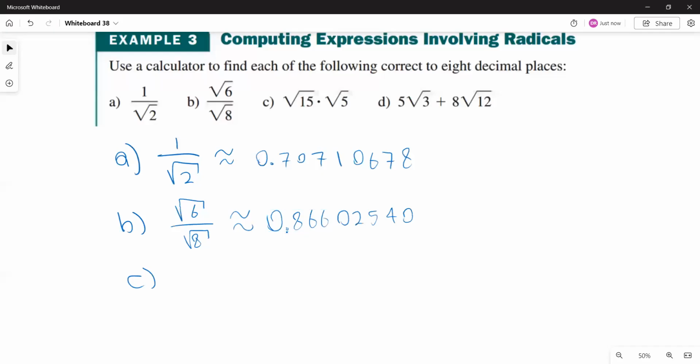So to 8 decimal places, that's going to be the square root of 15 times square root of 5. That's approximately 8.66025404.